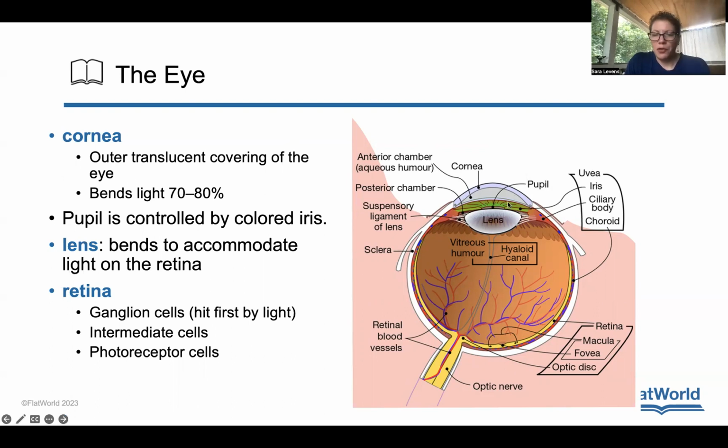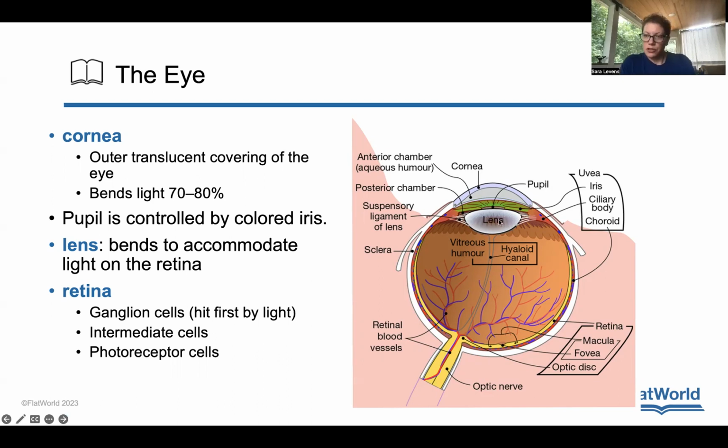Then you've got the pupil, which is right here, and this is controlled by the colored iris. And this lens right here is actually what bends to accommodate light onto the retina.